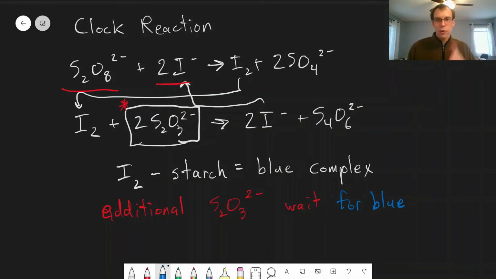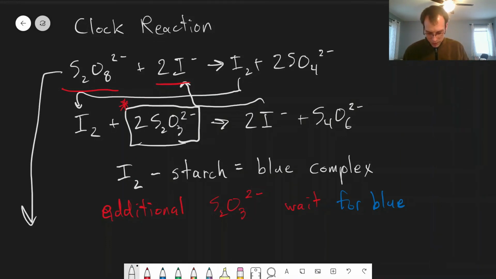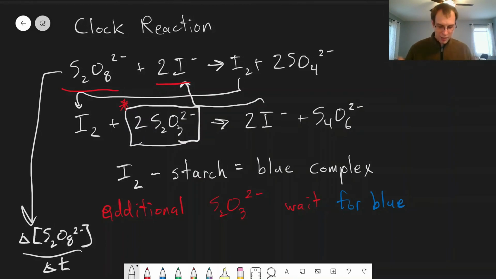Then we add more thiosulfate, wait for the blue color to appear again, write down that time, and repeat this several times to give us an idea of the rate of the reaction. How long does it take for this number of moles of thiosulfate to get used up, which is really what we're after. The rate that we care about is the change in the concentration of this persulfate over time, and we're using the thiosulfate as a proxy for this.